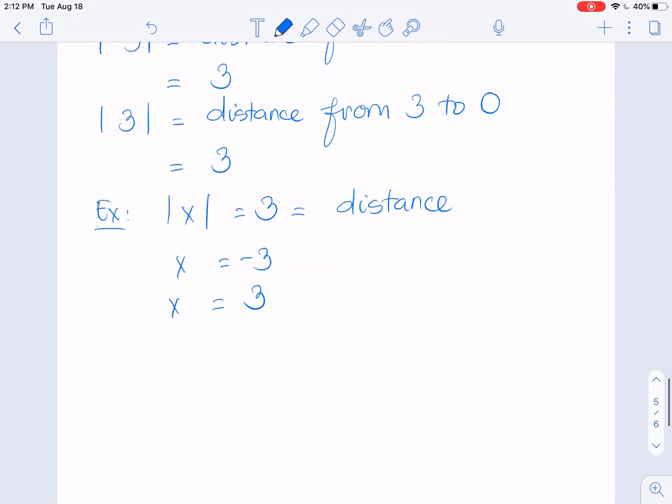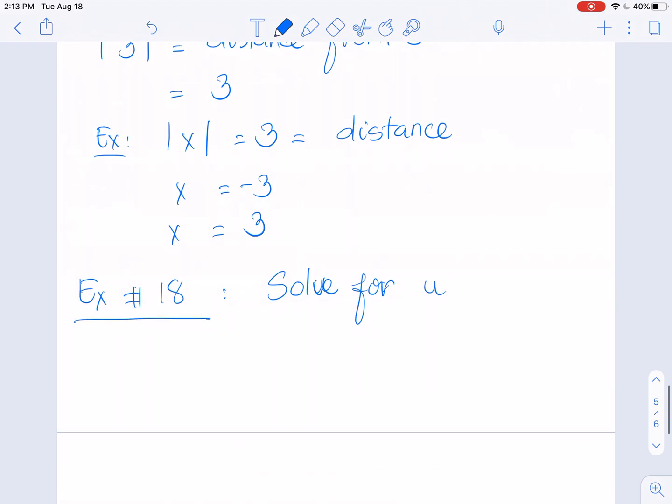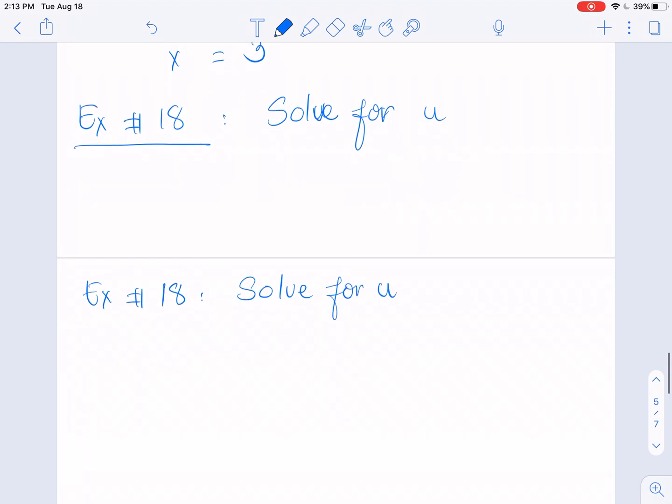So let's take a look at number 18 in our worksheet. For number 18, we have to solve for u. So I have -8 times the absolute value of u plus 2 equals -80.